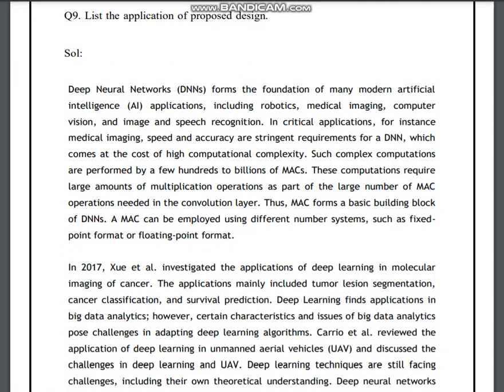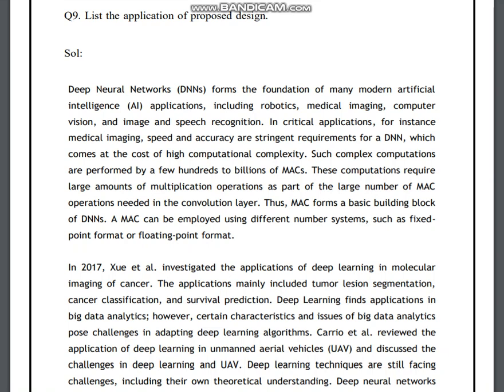Now let's come to the generalized topic of applications of the proposed design. As you know, in deep neural networks, in artificial intelligence, in machine learning, all of this can utilize my proposed design, and it will also be helpful in imaging of cancer, survival prediction, big data analytics, and also in unmanned aerial vehicles, which are used for deep learning.